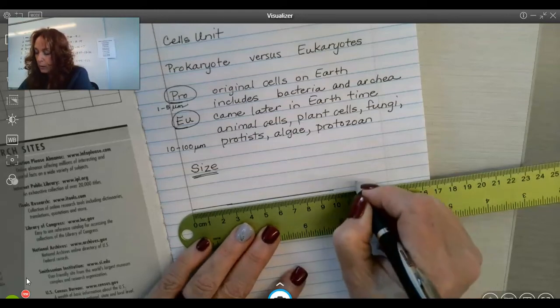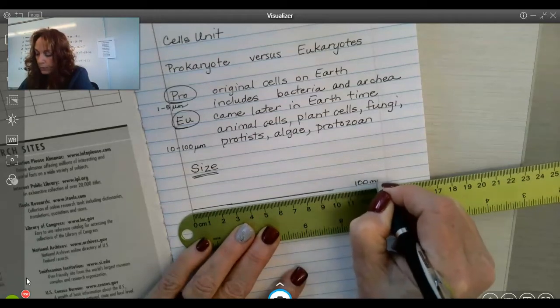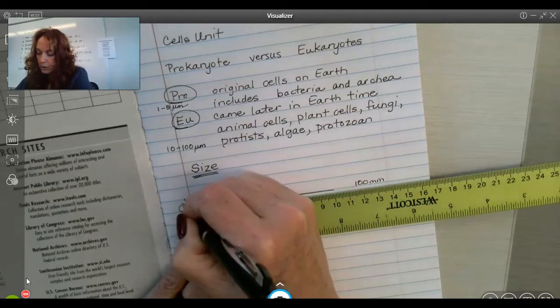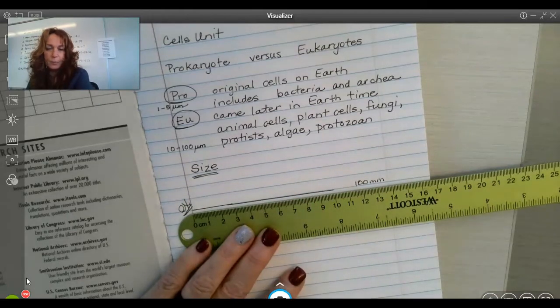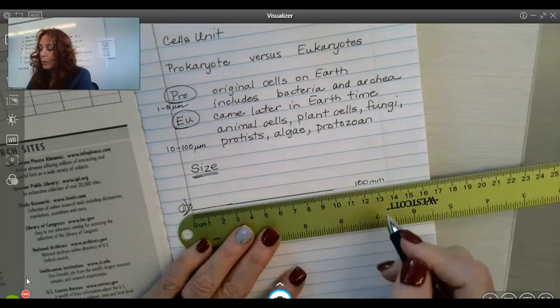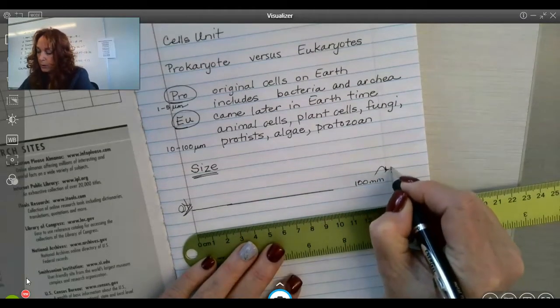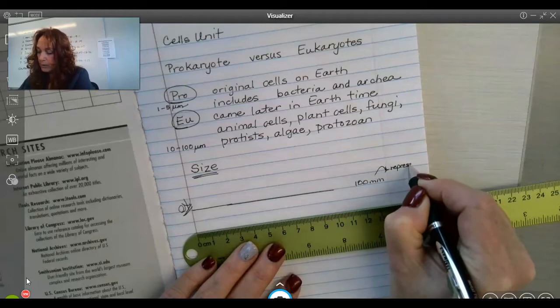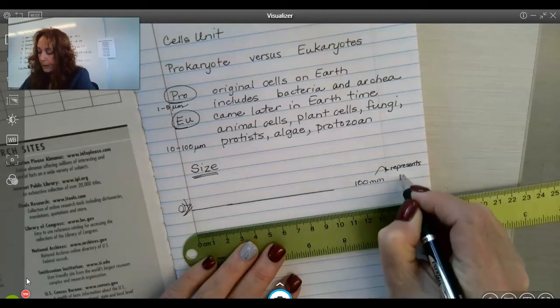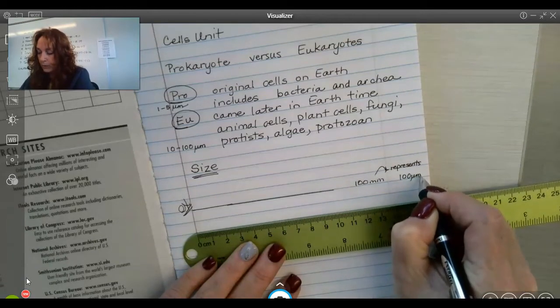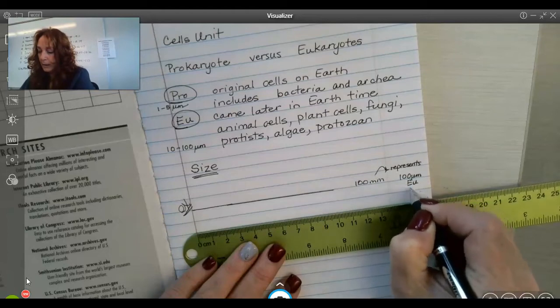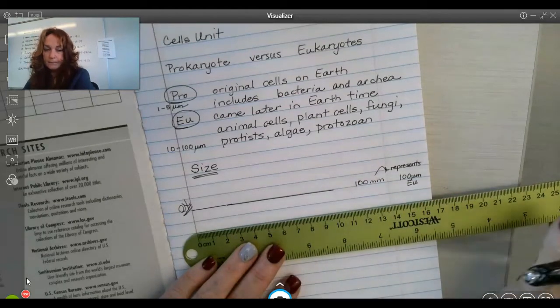So this is 100 millimeters. And this is just an example for perspective. We will let that represent 100 micrometers, which is the size of a eukaryotic cell.